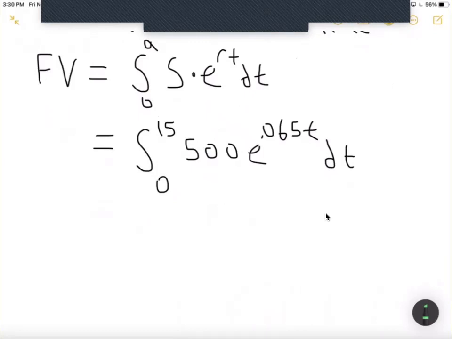And now all we need to do is use our calculator to figure out what this equation is equal to. So the integral of 500 e to the 0.065 t from 0 to 15.